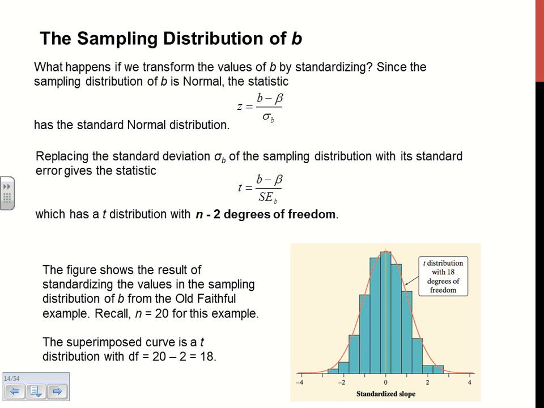The figure shows the result of standardizing the values in the sampling distribution of b from the Old Faithful example. Recall that n was 20 for this example. The superimposed curve is a t-distribution, and we use n minus 2 degrees of freedom. I know, lots to remember with degrees of freedom, but when we're dealing with the least squares regression line, our degrees of freedom are going to be n minus 2.